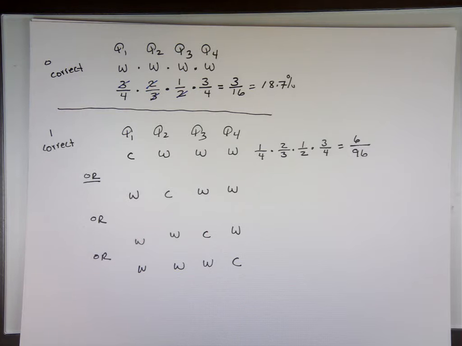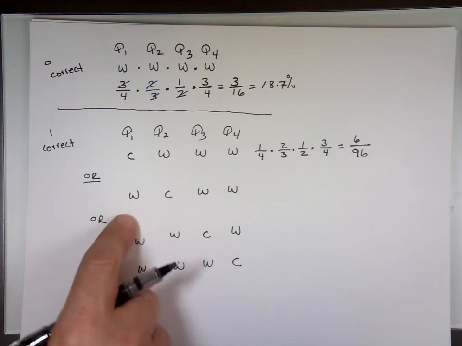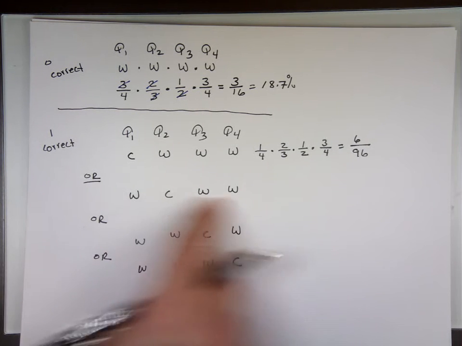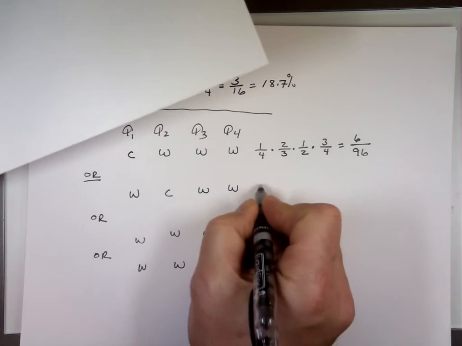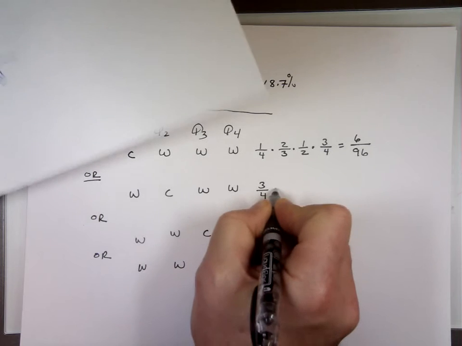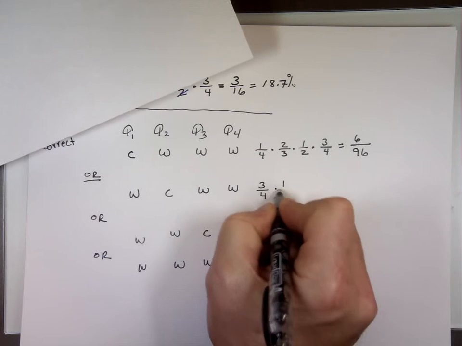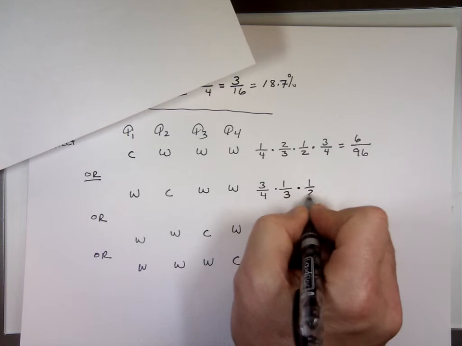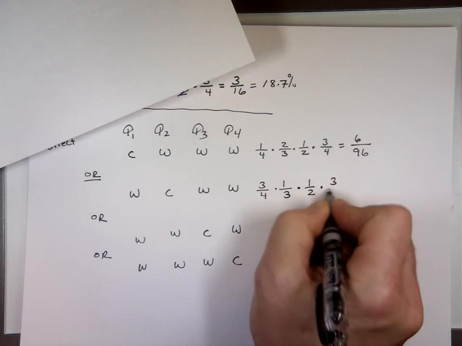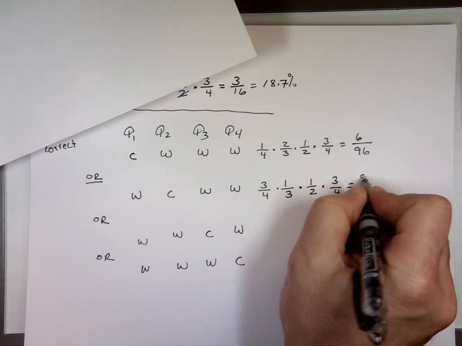Another way of getting 1 correct answer could be this scenario, which means the first one is wrong. First one's wrong is what? 3 out of 4. Second one is correct. That's 1 out of 3 choices. Third question is wrong. 1 out of 2. The last one is wrong, 3 out of 4. That's 9 out of 96.